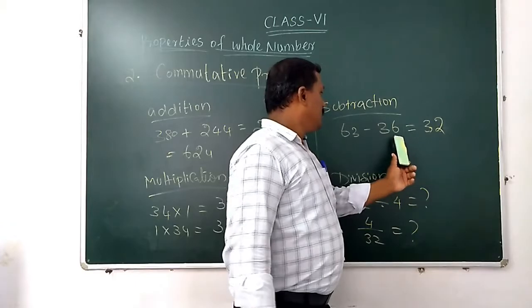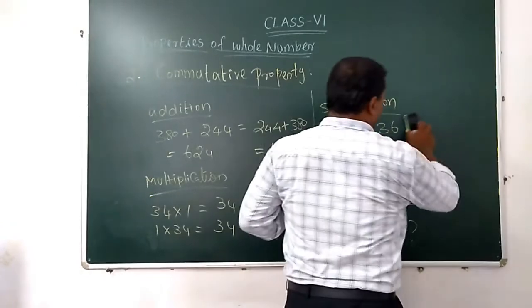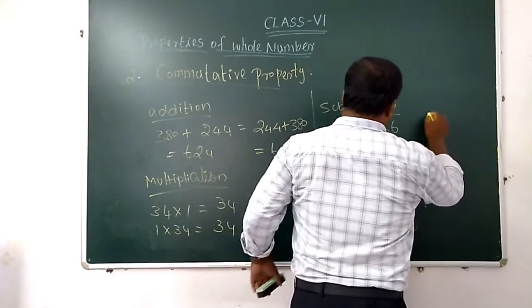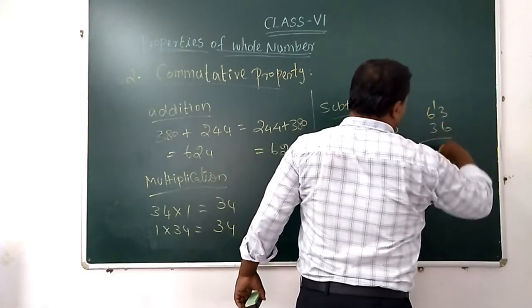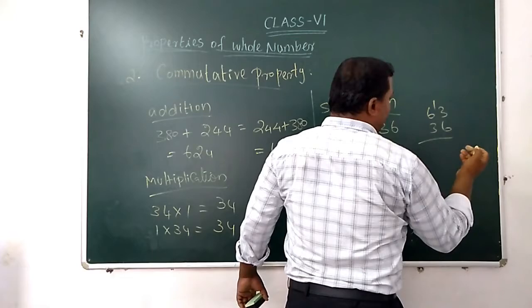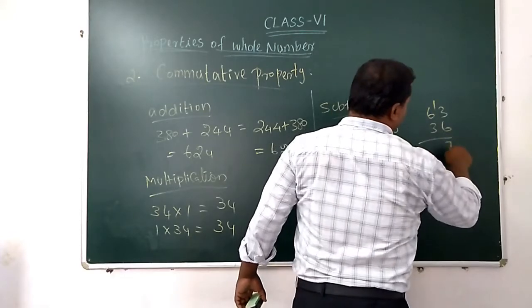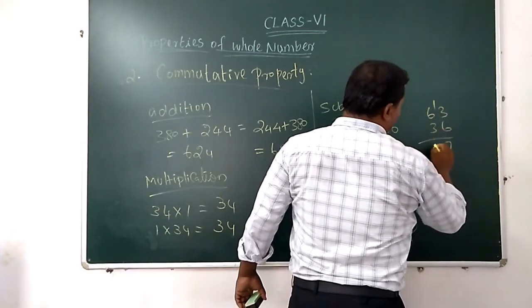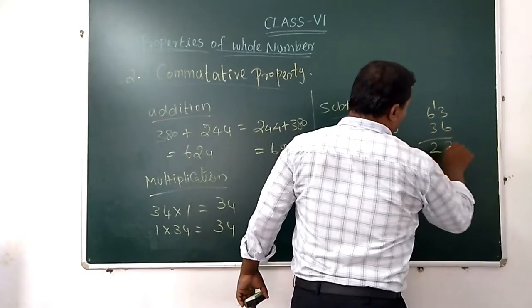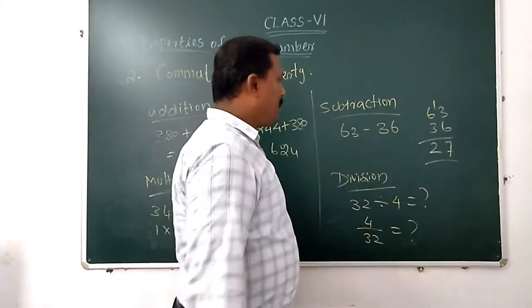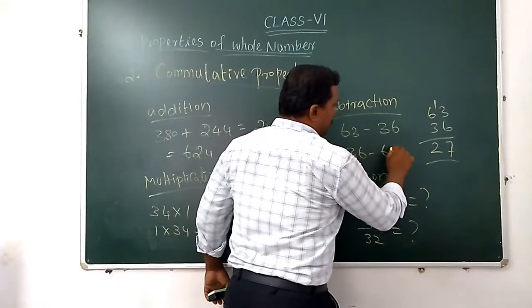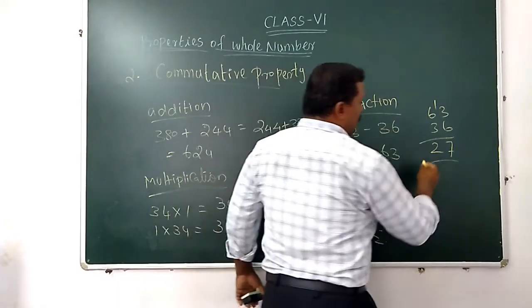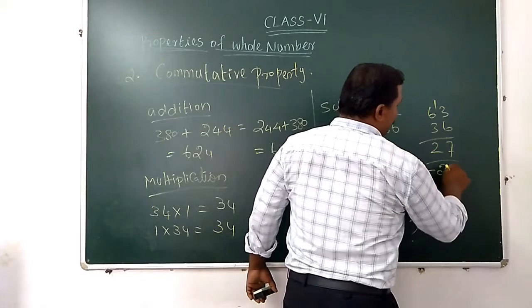We subtract this. 13 minus 6 is 7. Then 5 minus 3, 2. 27. Okay. Suppose you subtract 63 from 36, what will you get? You will get minus 27, no?